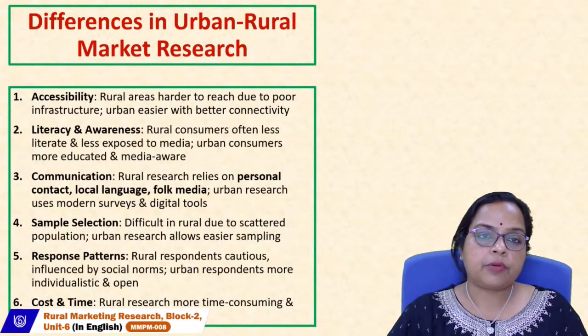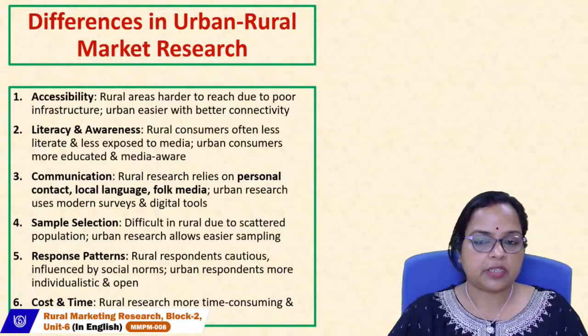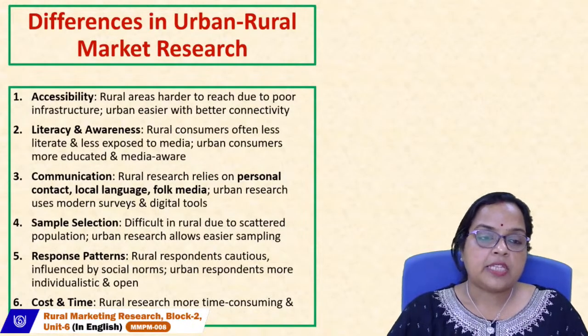Let's understand what is the difference between urban and rural market research. These 6 points denote the difference. The first one is accessibility. Rural areas are harder to reach due to poor infrastructure. Urban areas are easier with better connectivity. This is clear to everyone. The second point is literacy and awareness.